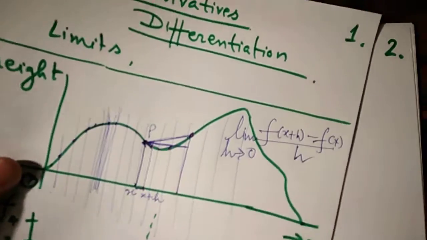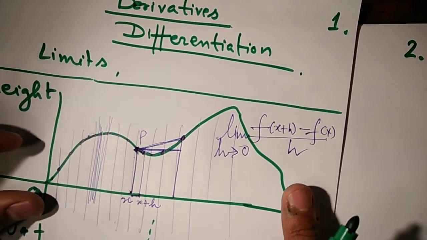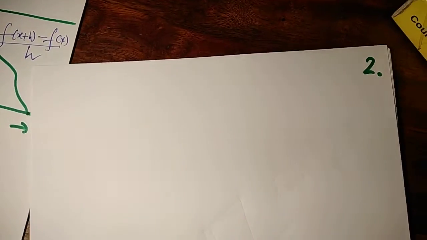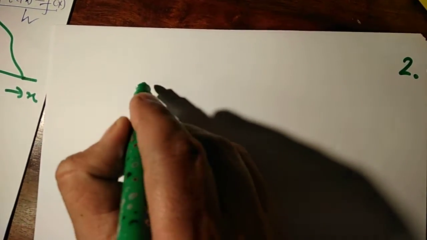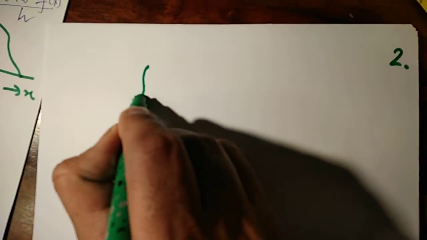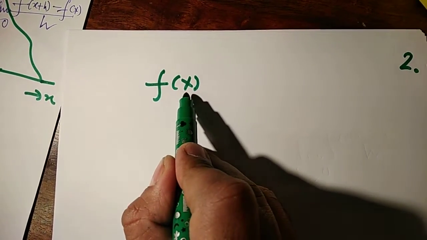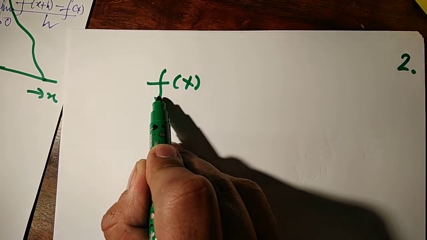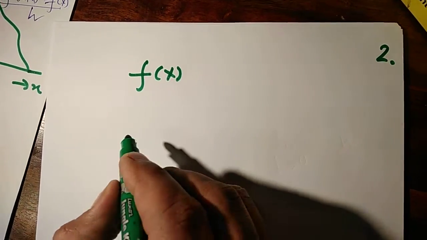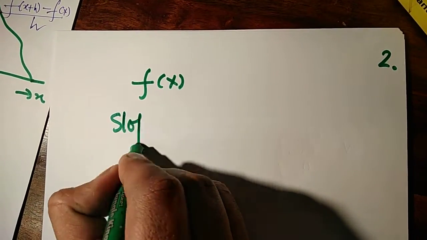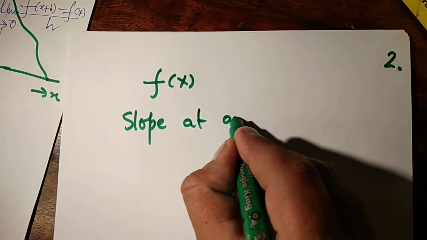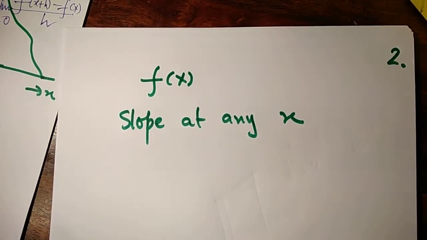So I have told you that if I'm given, let's say, a hill whose height is given by f of x, okay, so if you tell me the point x, I tell you the height which is given by f of x. Okay, then to know the slope at any x, what should I do?